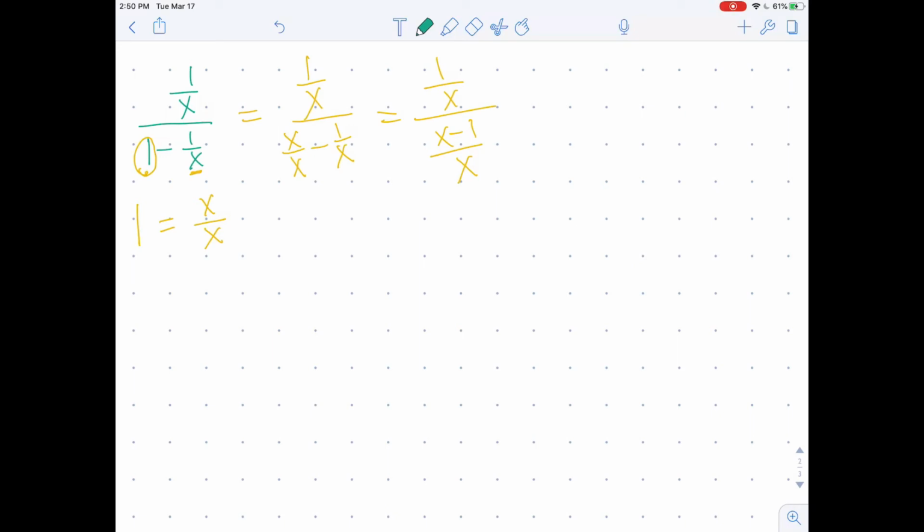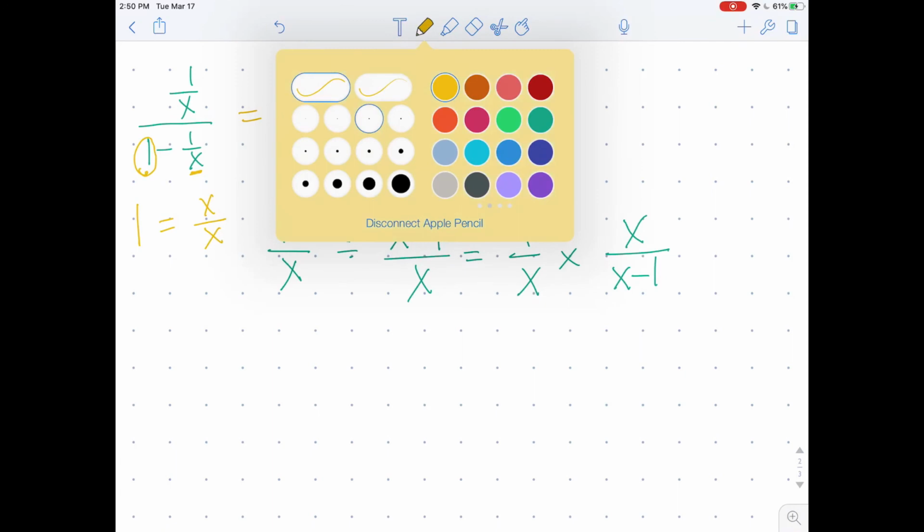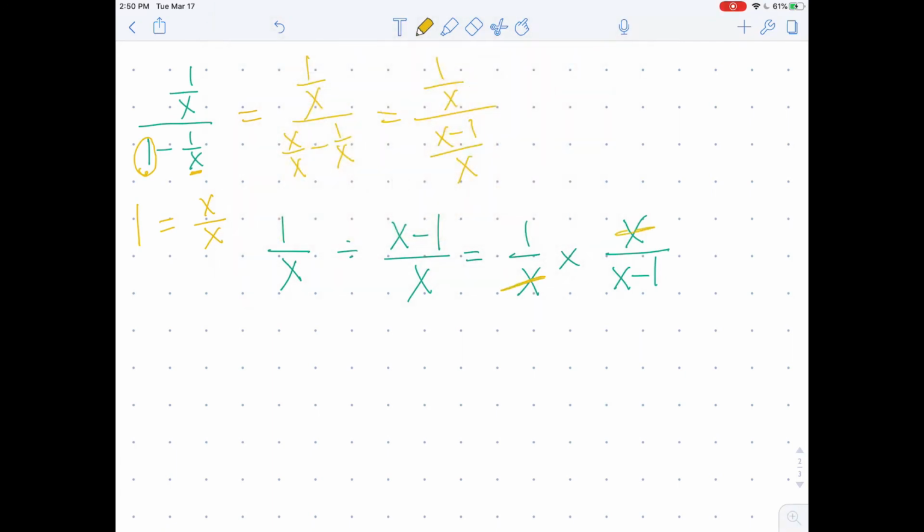If I rewrite that, I've got 1 over x divided by x minus 1 over x. My next step is to flip the second fraction. So I've got times x over x minus 1. Right away here, I can cancel out these x's that are diagonal from each other. And I end up with 1 times 1 is 1. 1 times x minus 1 is x minus 1. And that's my answer.